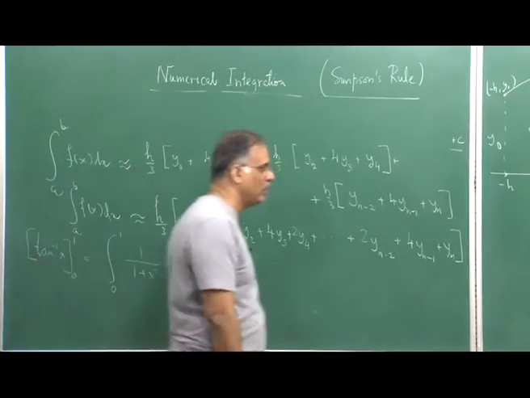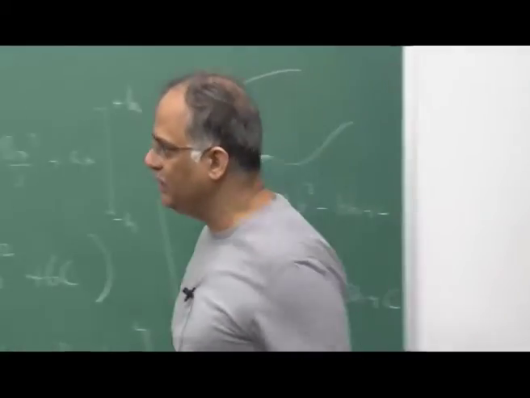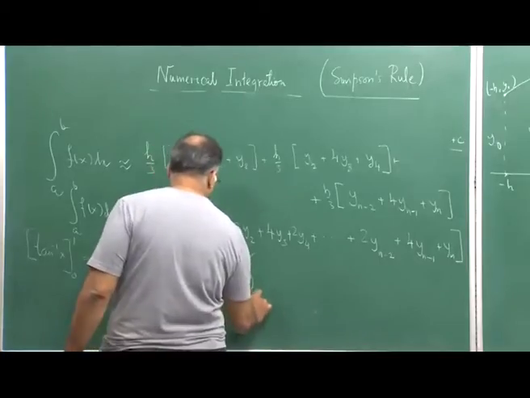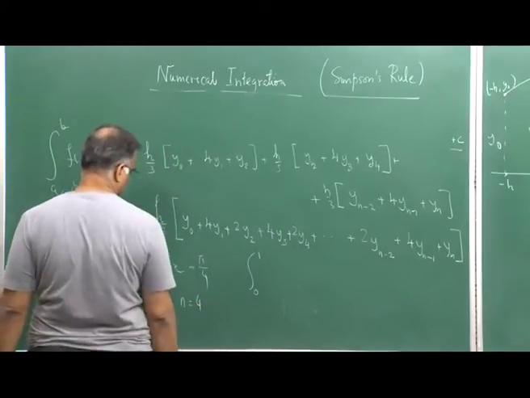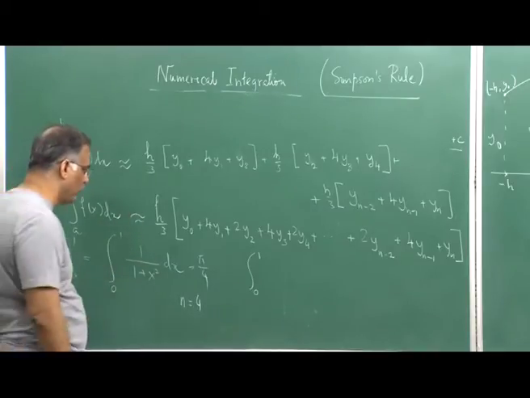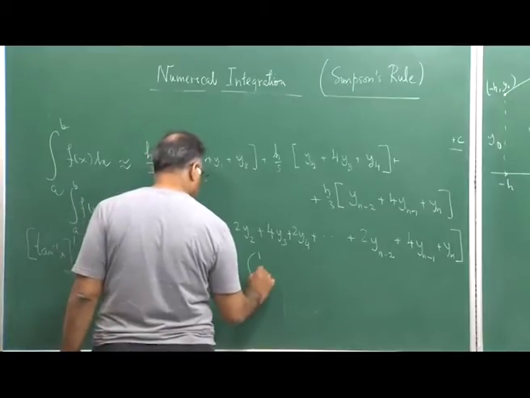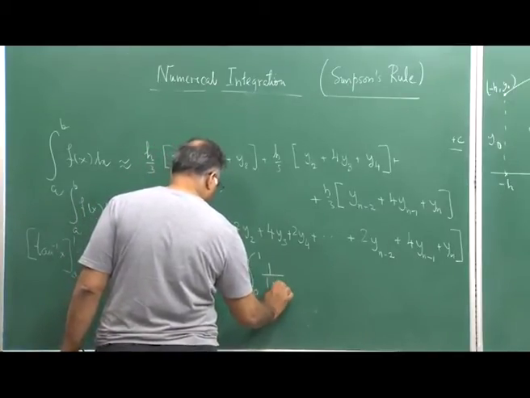So, let us see what is the difference between pi by 4 and this integral if we compute them numerically. So, let us use Simpson's rule, with n equal to 4. Then you have to evaluate this function at these points.